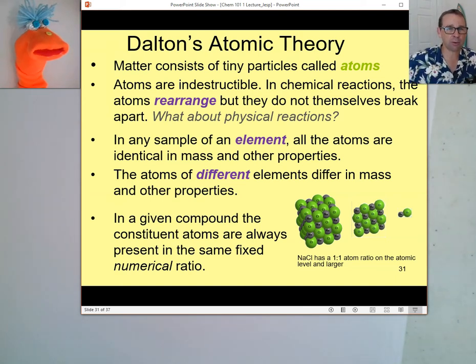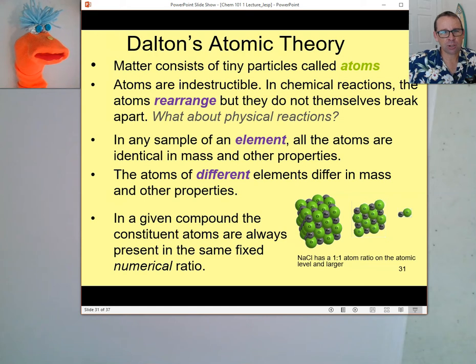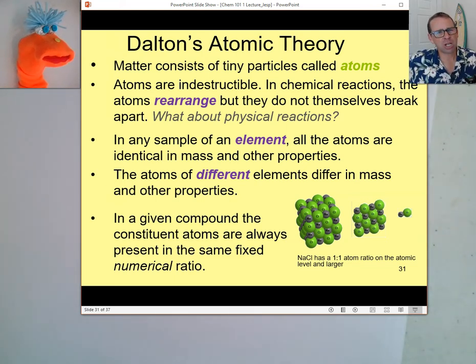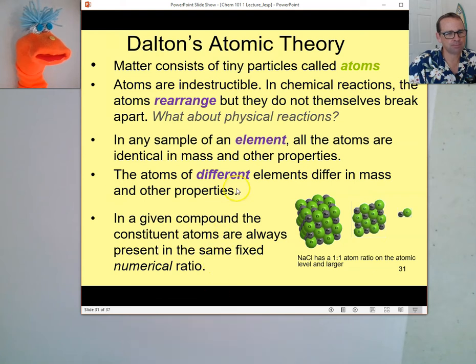We've learned a lot over the years, and we understand that atoms actually do break down, especially large ones, and smaller ones can come together to form medium-sized ones, right? But in general, in chemistry class, we don't break down atoms. Atoms are the smallest component of matter.